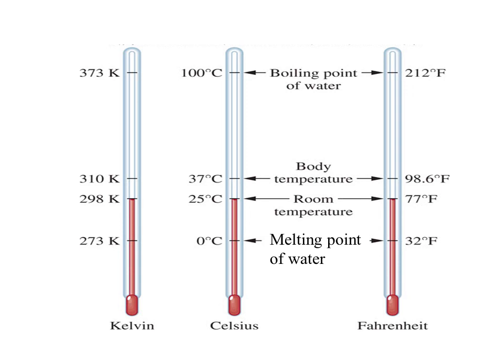This means there are negative values in Celsius. To go from Celsius to Kelvin or Kelvin to Celsius is just a matter of adding 273.15 to your Celsius temperature or subtracting 273.15 from your Kelvin temperature.